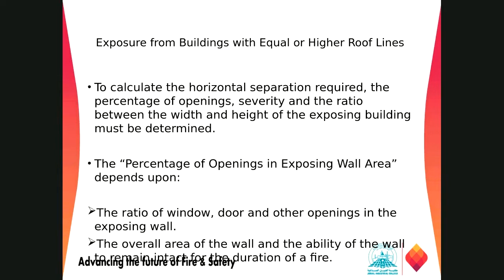To calculate the horizontal separation requirement, the percentage of openings, the severity, and the ratio between height and width of the exposing building must be determined. For the requirement of the separation between two buildings and the height requirement, we have to look at the percentage of openings in the exposing wall, the ratio of windows, doors and other openings in the exposing wall.